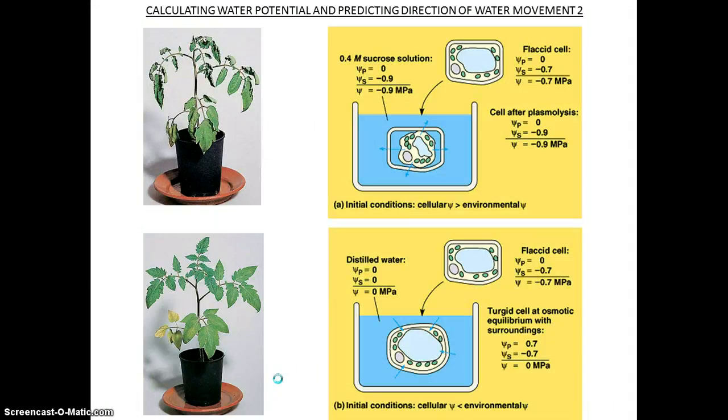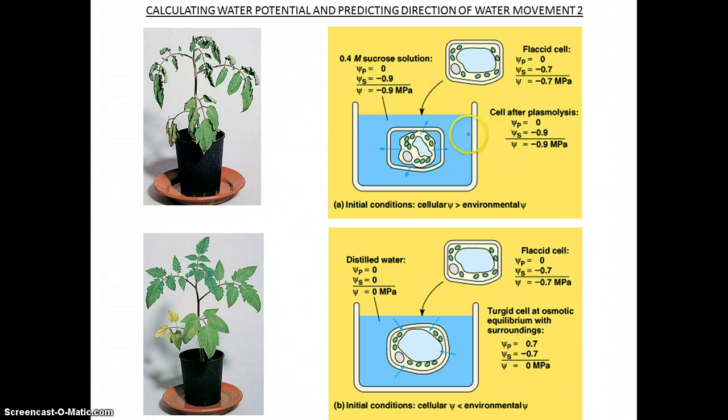So calculating water potential and predicting the direction, again, if you have a plant cell, that cell wall exerts pressure, so the pressure inside the cell is being exerted and limited by the cell wall. So here you have to determine, okay, this cell is in a solution, in this case a 0.4 molar sucrose solution, so it has a negative 0.9, and then the potential from pressure is 0.